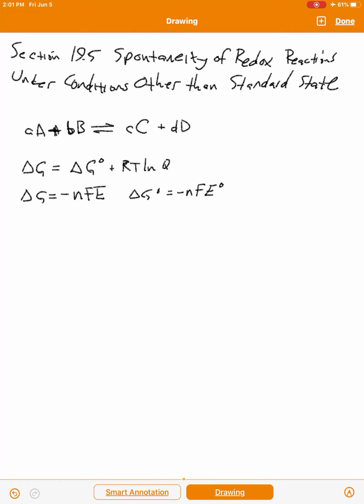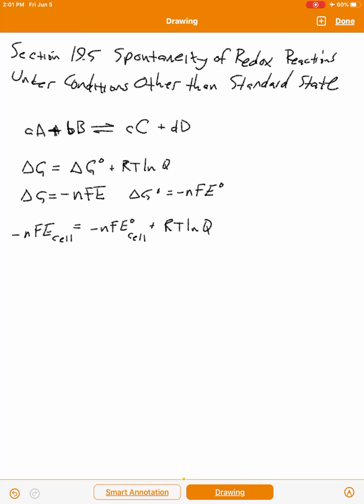So now we have minus nF E cell equals minus nF E cell standard plus RT ln Q, right? Just substituting those in. So now notice that both terms have minus nF in them.